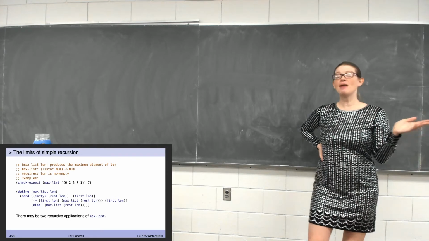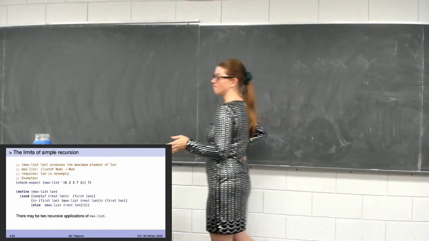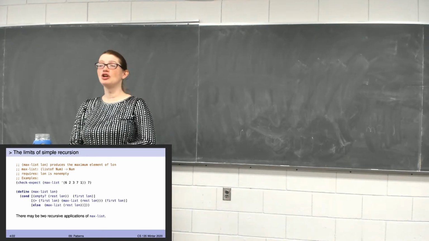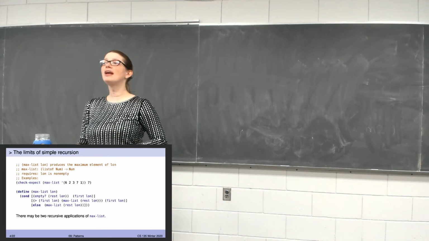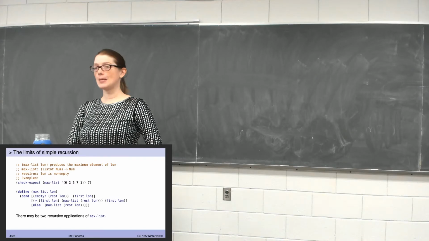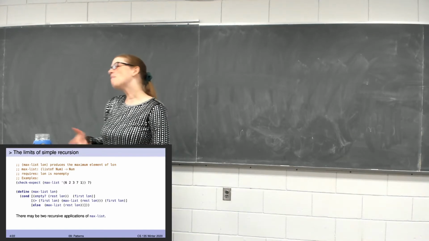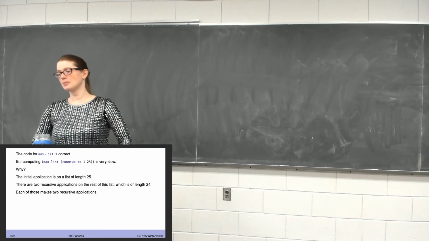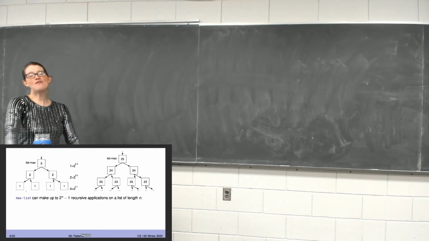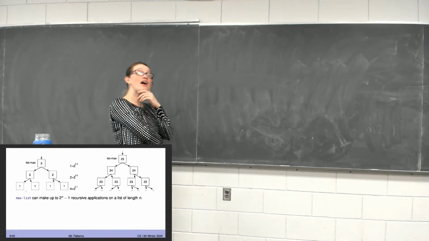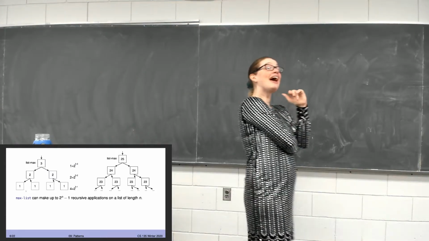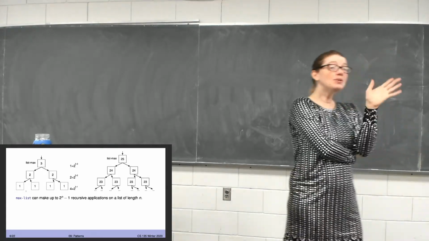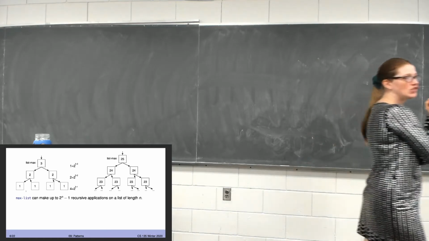That means that for our list in increasing order, for each application of this function, we make 2 recursive calls. That probably doesn't seem like a big deal to you. But what if I had a list of 25 elements? Let's actually count how many recursive calls are going to happen. So we start with a list of 25 elements.